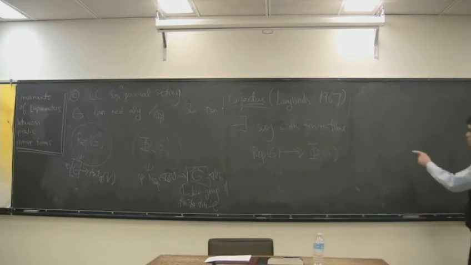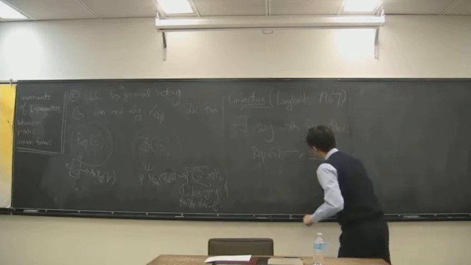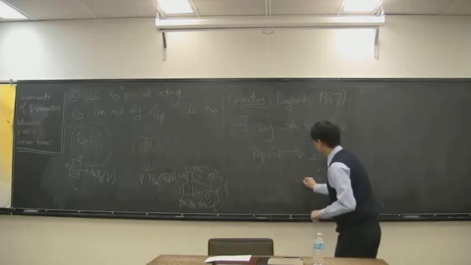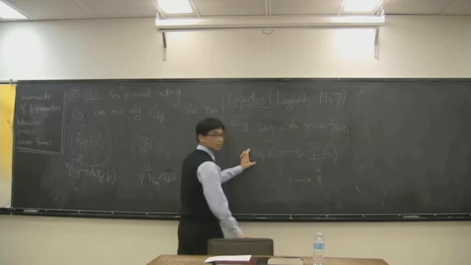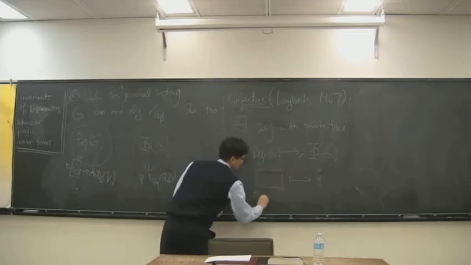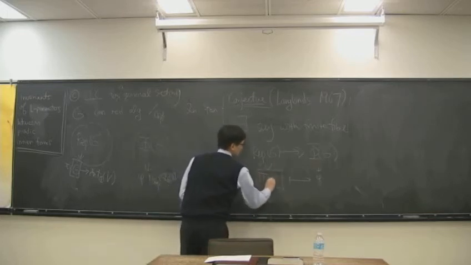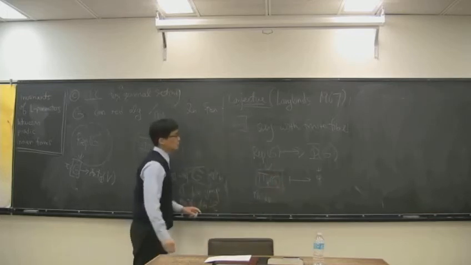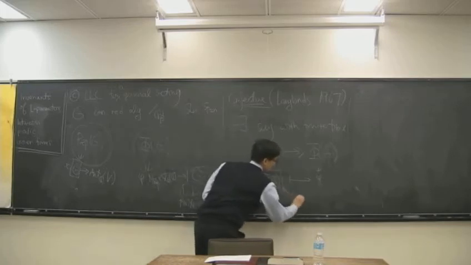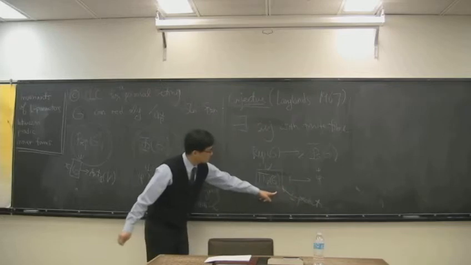Because this has finite fibers and is surjective, if you pick the L-parameter and consider its fiber in here, the pre-image should be finite. I denote this subset as Π(G), and we call it the L-packet. An L-parameter gives us an L-packet, which is finite.